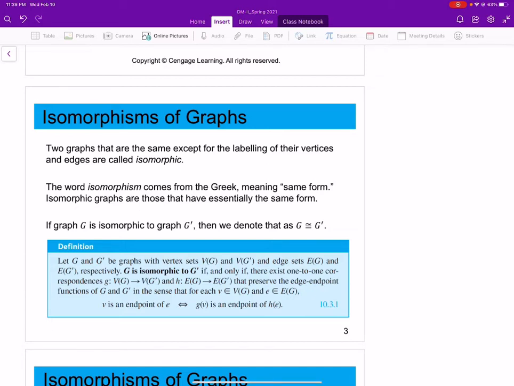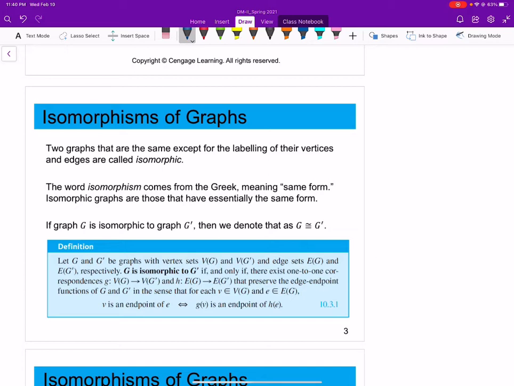Let me read these descriptions, and then I will explain every time when I need to explain that. Two graphs that are the same except for the labeling.